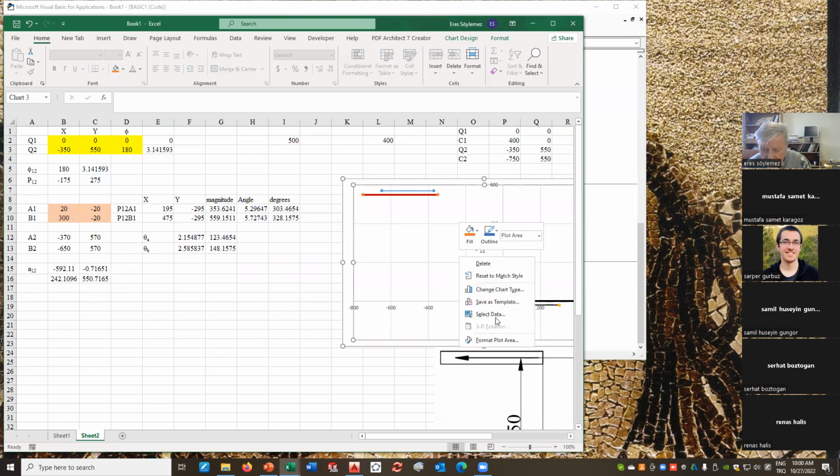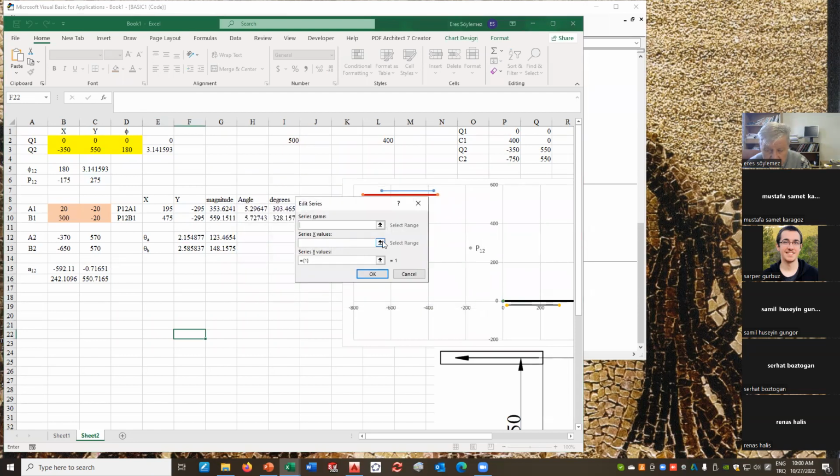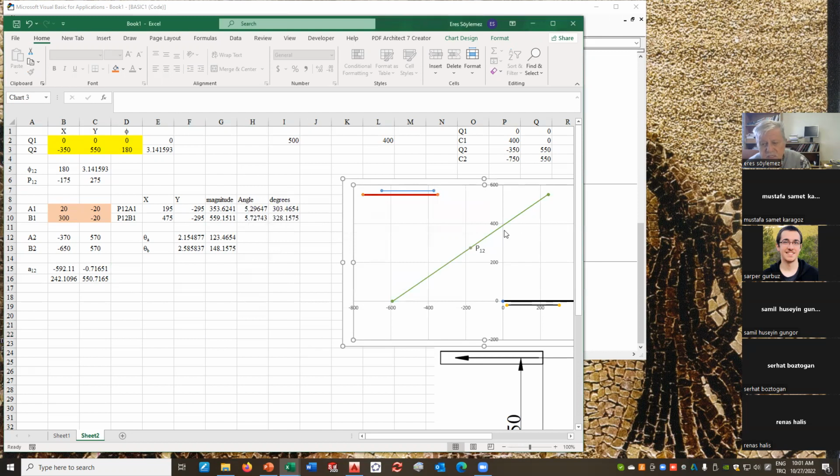Now let me draw that line. This is the perpendicular bisector to A12.